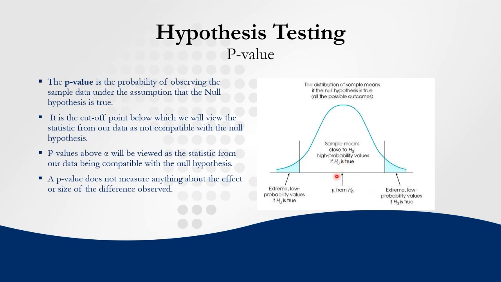And then we have the other cases where we're going to have extremes on the left and on the right. The extremes will be those values that are far from 3.5.